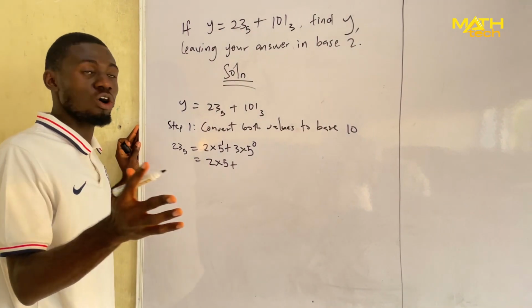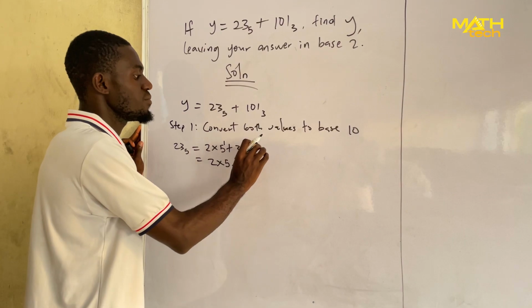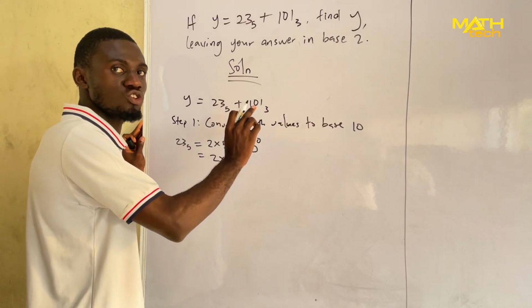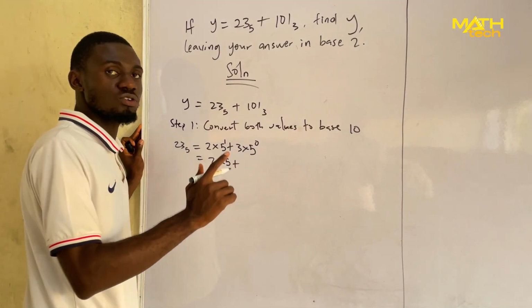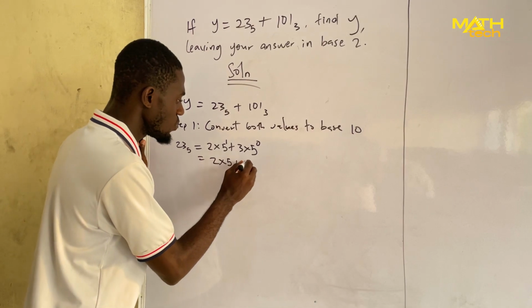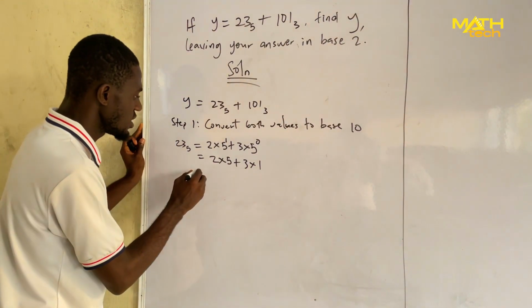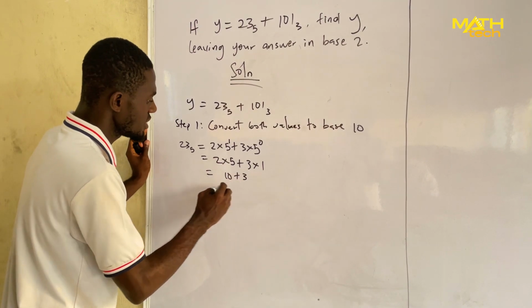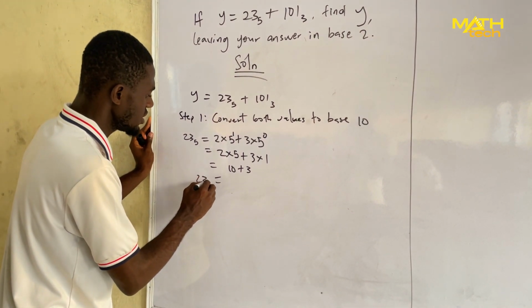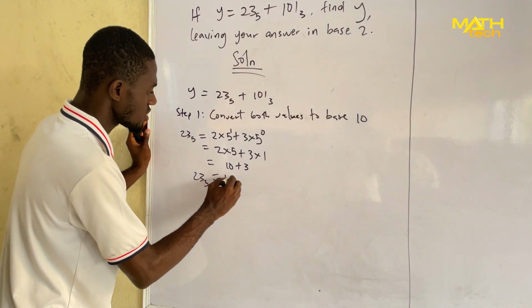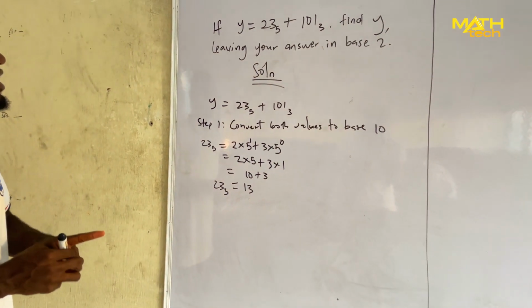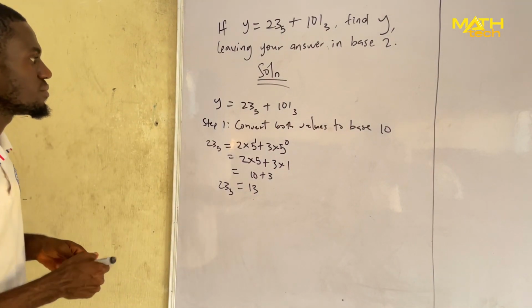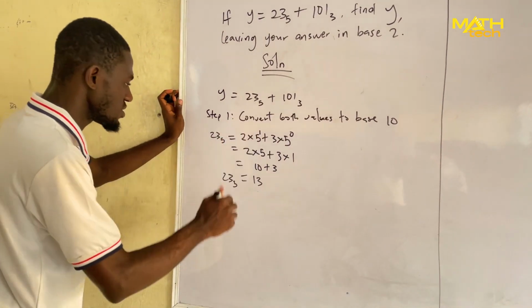Don't forget that the law of indices says that anytime a value is raised to the power of 0, the result is always 1. So here it will be 3 times 1. And here we'll have 10 plus 3 times 1, which is 3. And this gives us 13. So 23 base 5 gives us 13. So we go for the next value, 101 base 3.